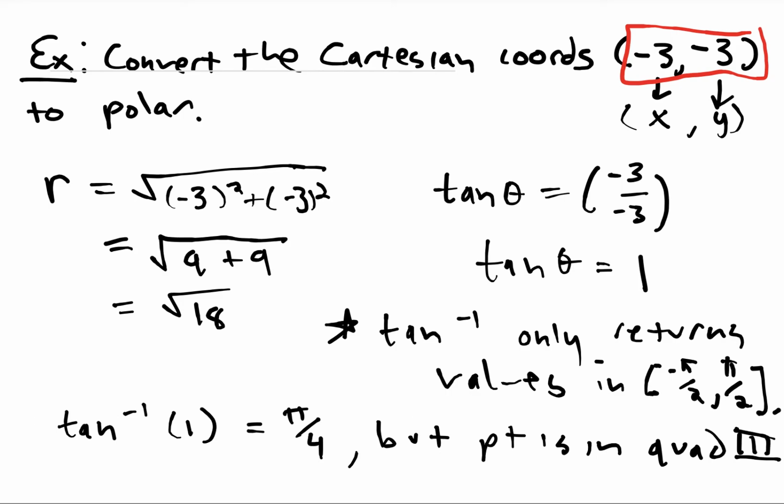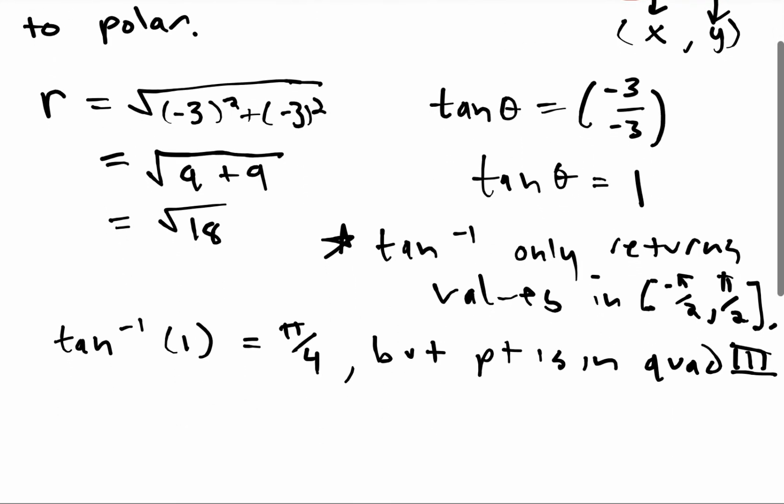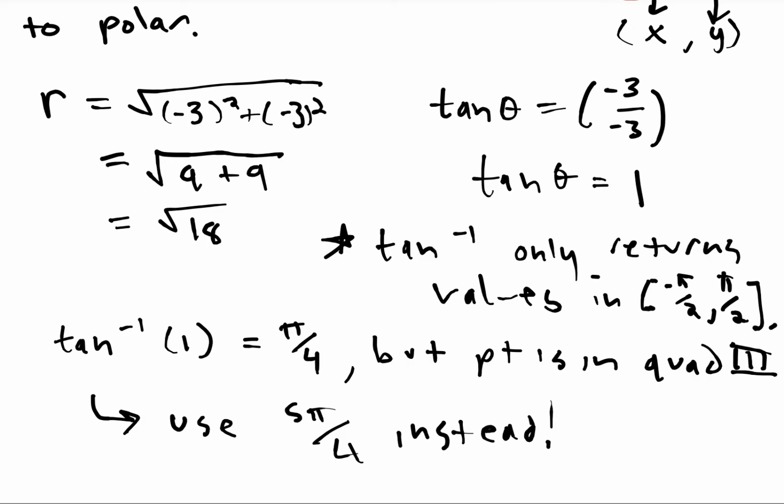What's the angle that gives you the same exact tangent value, but it's in quadrant 3? Well, you basically have to add pi to that to get the appropriate angle. This really means that we want to use 5 pi over 4 instead. So I pair these things together, my r and my theta, I am expecting root 18 comma 5 pi over 4. Please, please, please watch out for those quadrants.